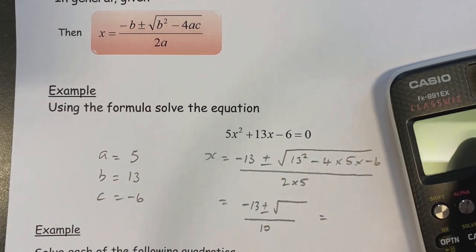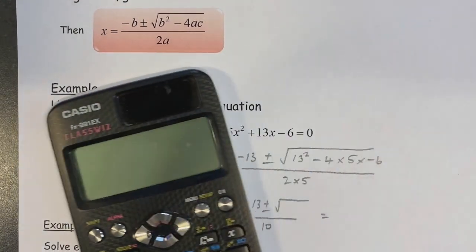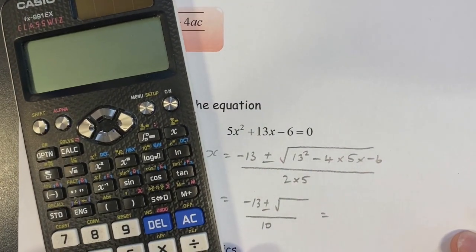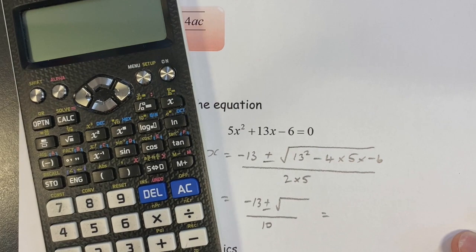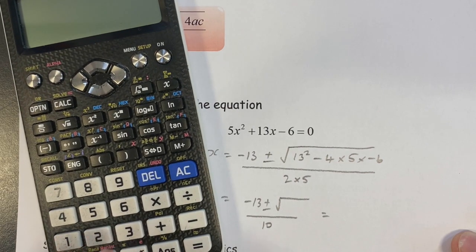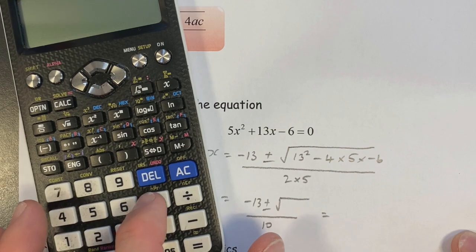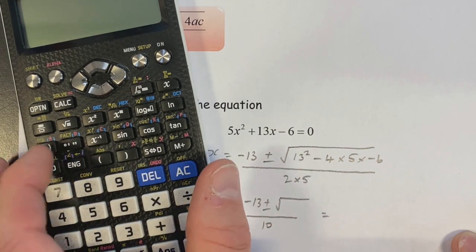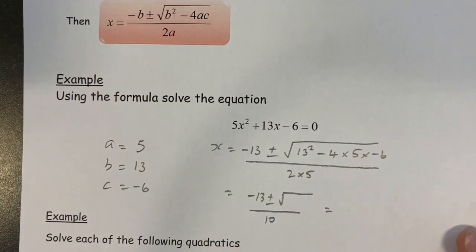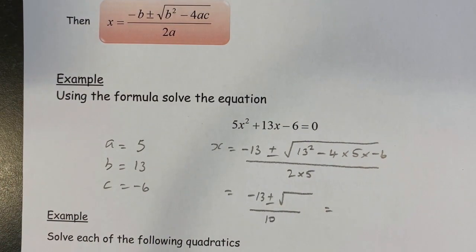So on the calculator, we've got to work out 13 squared, take 4 times 5 times minus 6 and press equals. And then we write that down under the square root sign, which is 289.